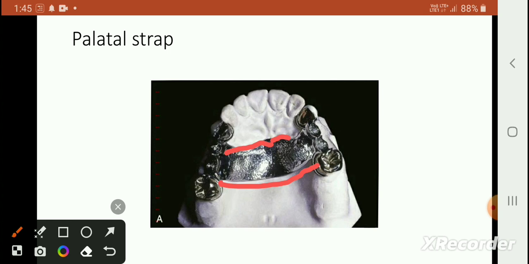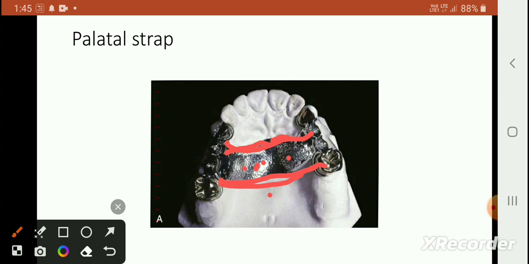Disadvantage: it may cause excessive palatal coverage, and adverse soft tissue reaction or inflammation below this area of the palate may occur. These are the disadvantages.